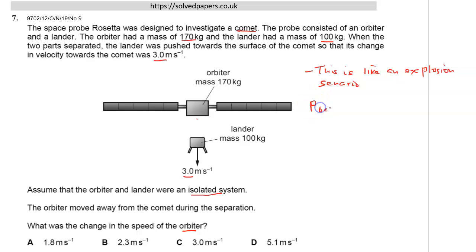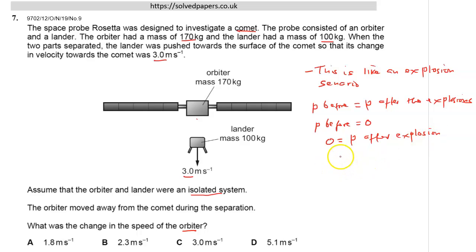So momentum before, p is for momentum, momentum before is equal to momentum after the explosion. Momentum before the explosion is equal to 0. So therefore, 0 is equal to momentum after explosion.